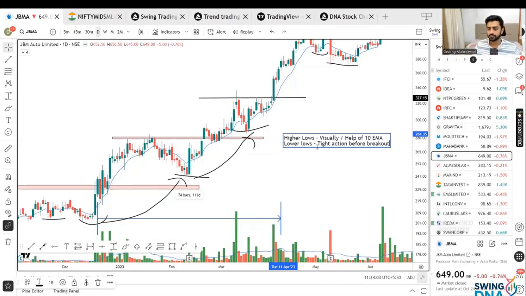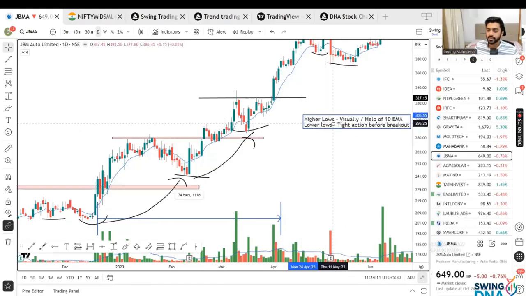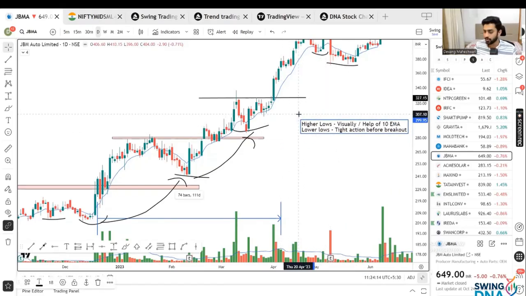Or in future, it may go below 10 and again visually make a higher low. Now, these things have been automated. We'll talk about it now to conclude the structure.